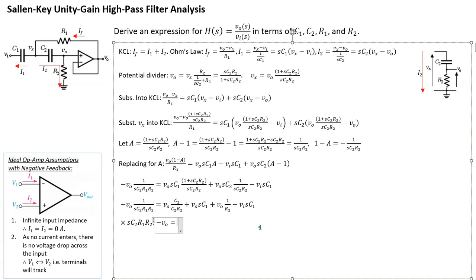So it's going to be VO C1 and then R1. So that's SC2 R1 R2 multiplied with this term, you get this.